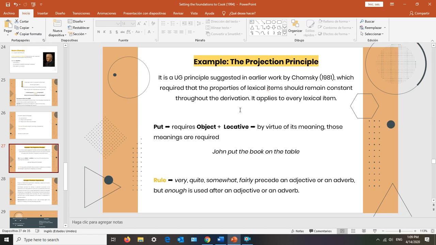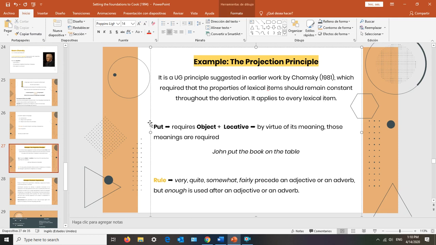The derivation here is a technical term, and it points to these tree-like analyses that we can make of sentences that you may be doing or will be doing in Linguistics 1. But the idea to be understood is what Cook explains on pages 28 and 29 and pertains to the content, the lexical content of items.